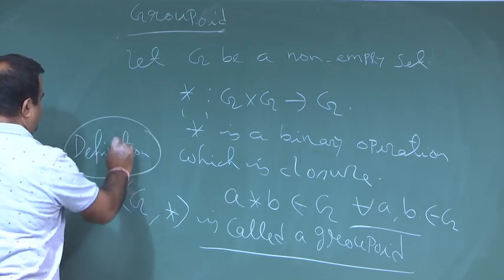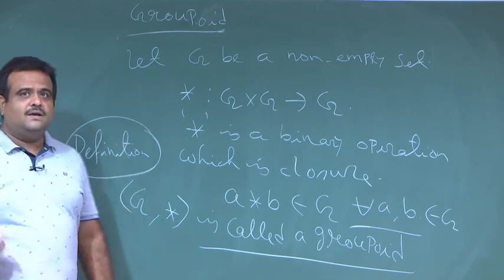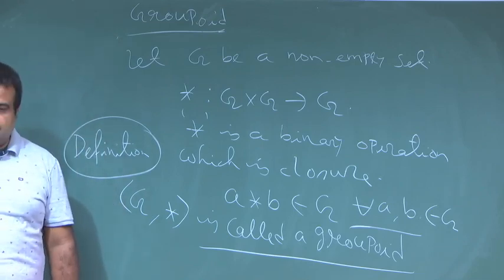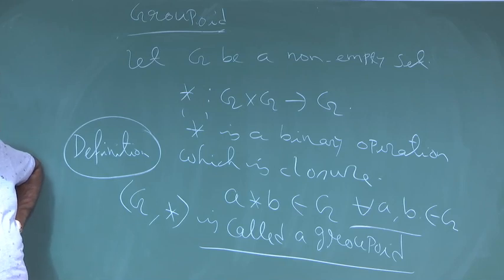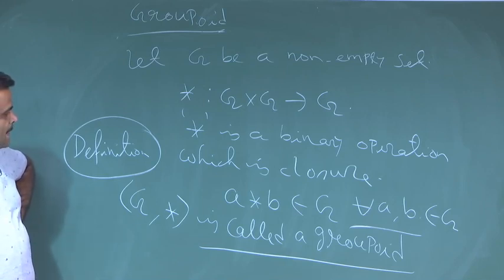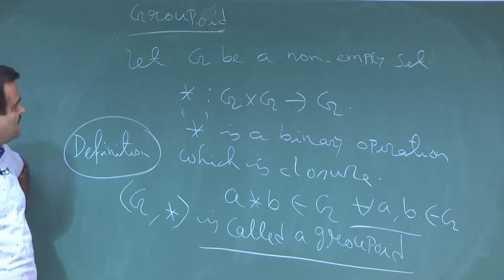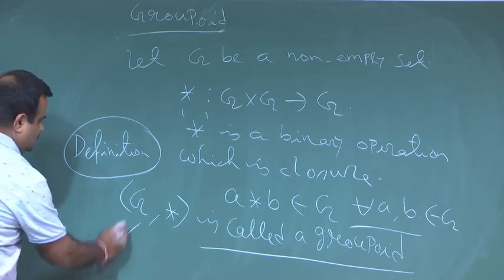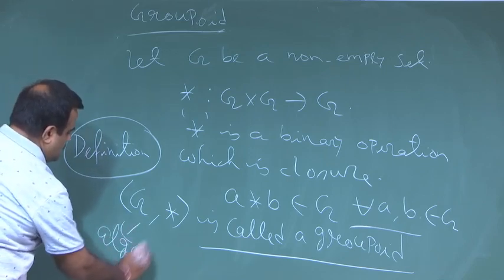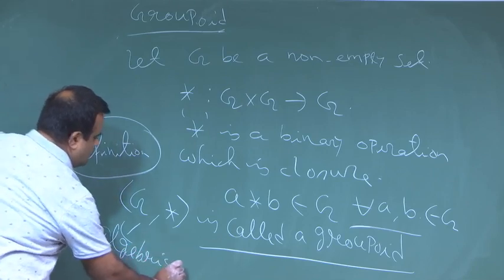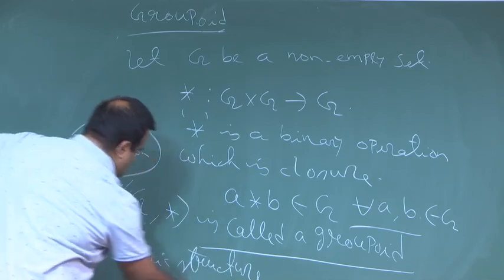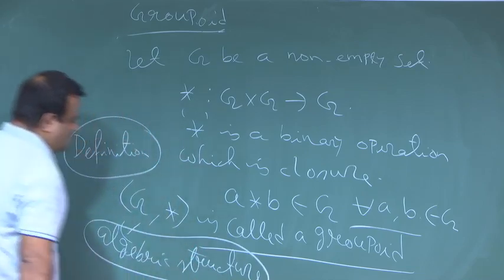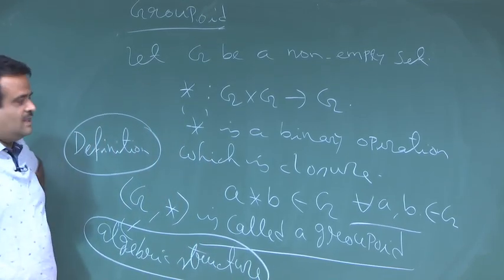This is the definition of groupoid. We say G along with this binary operator which is closure is called a groupoid.